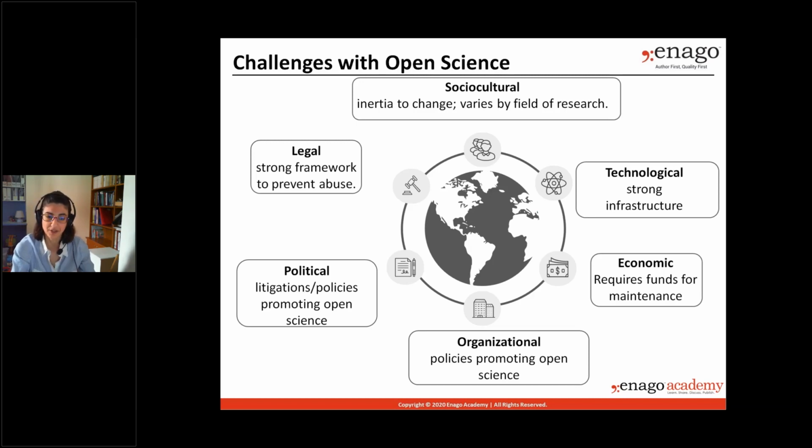Economically, it requires funds for maintenance, so this has to be budgeted somehow. Organizational policies need to be set in place to promote open science. Political legislation and policies, again, to promote open science will be needed. And of course, a strong legal framework to prevent abuse needs to be set in place, both at the local, the national, but also the international level.